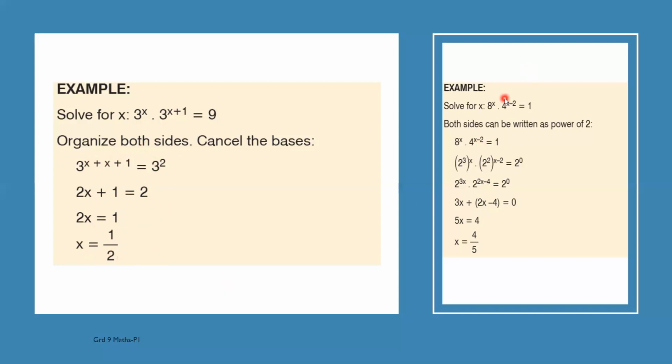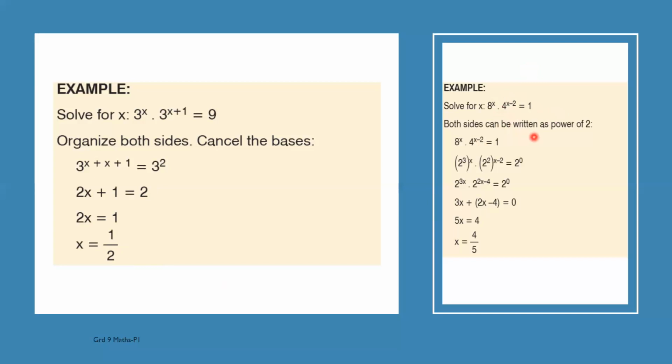Okay, let's look at this question here. It says solve for x: 8 to the power of x times 4 to the power of x minus 2 equals 1.